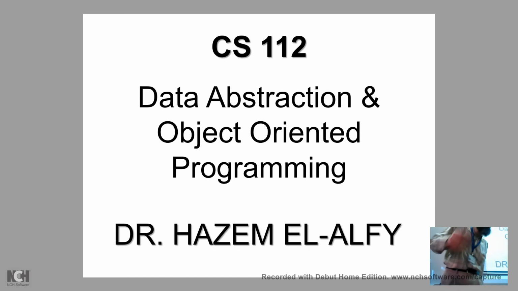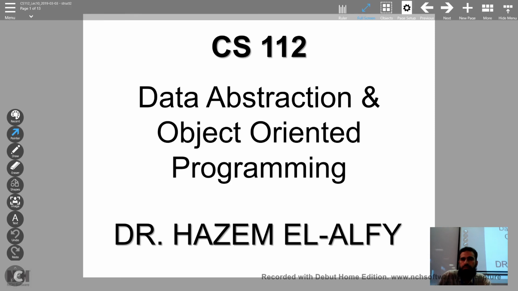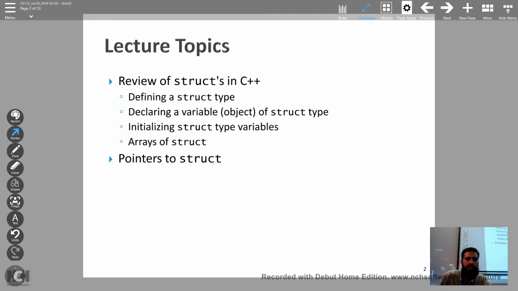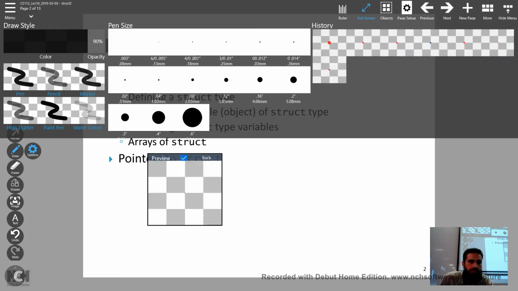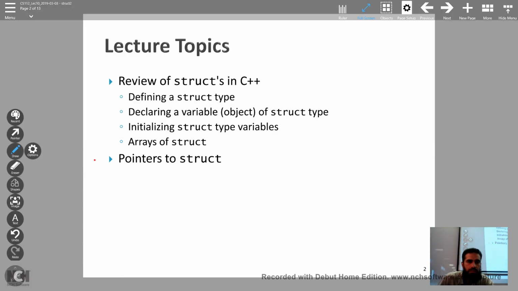Okay, we are going to continue about structures, and since the last lecture was a week ago, I'm going to quickly review what we said about the structures. Quick review.